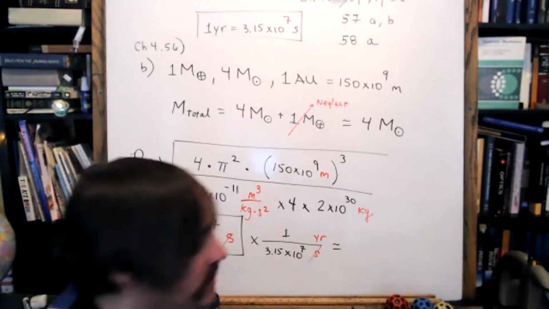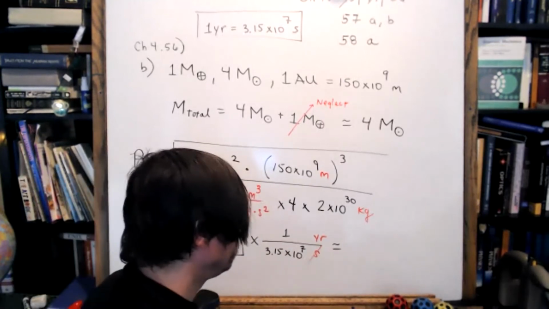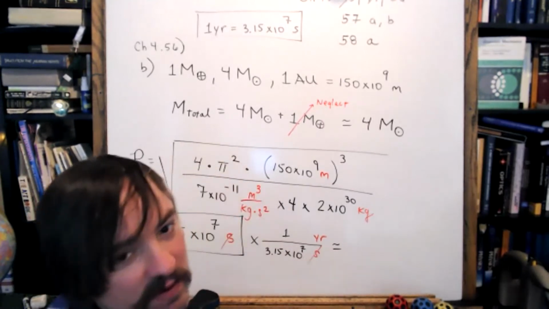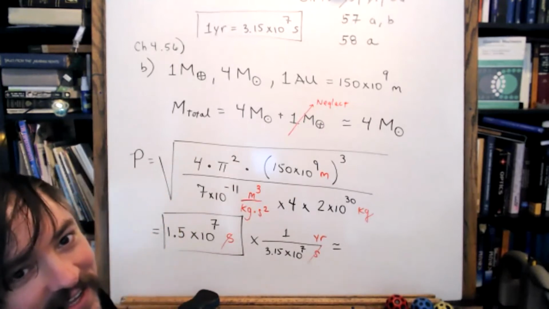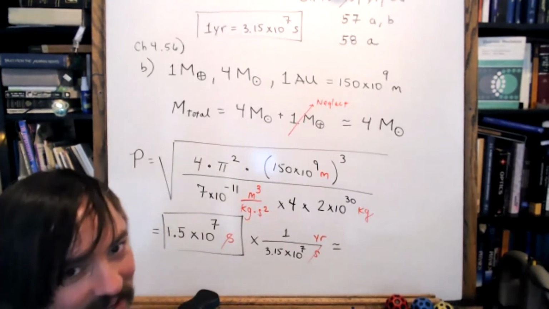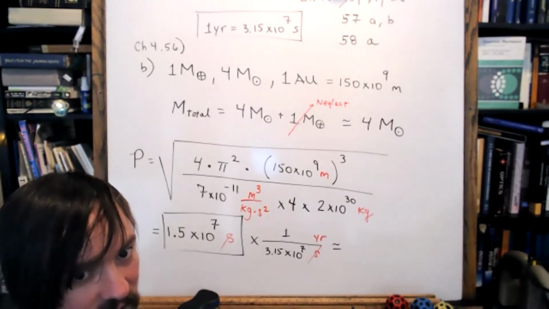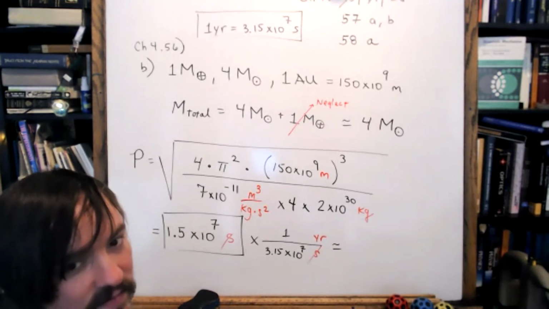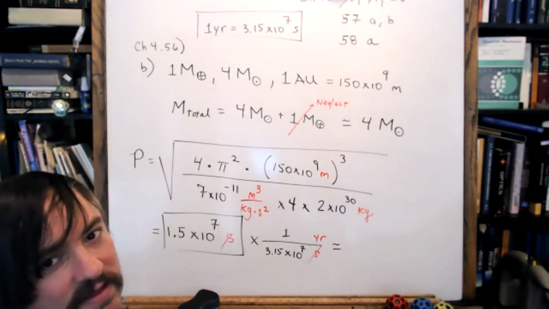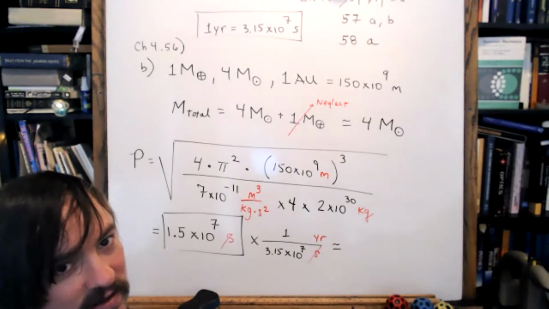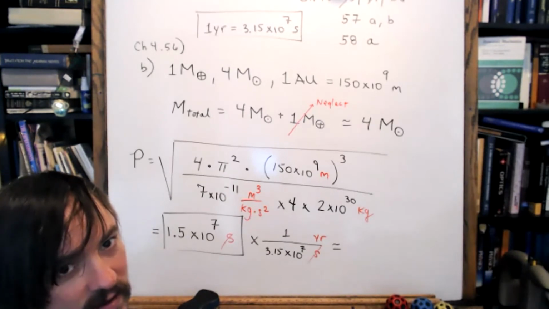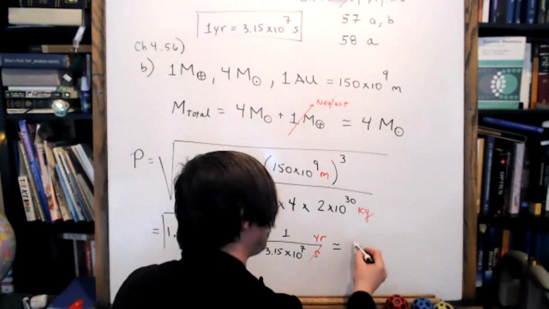Just give me the number. Don't walk me through your spiritual journey. Just give me an answer. Sorry, I have to think about it. 0.47 years, or 0.48, I guess, if you're rounding. 0.48. Half a year.